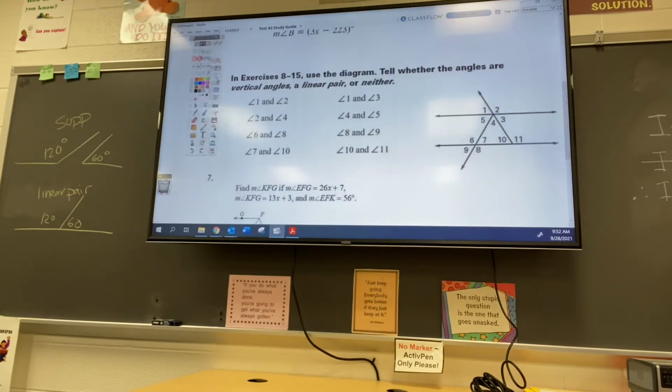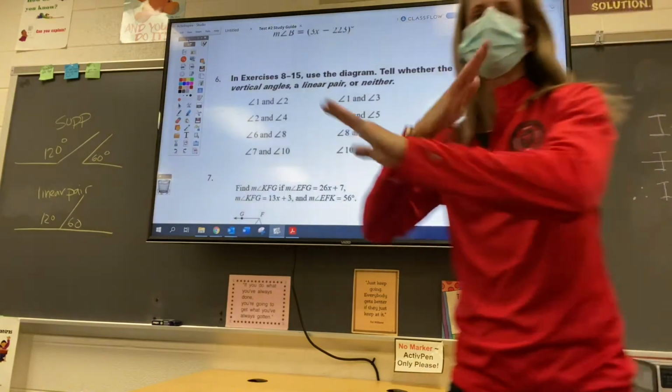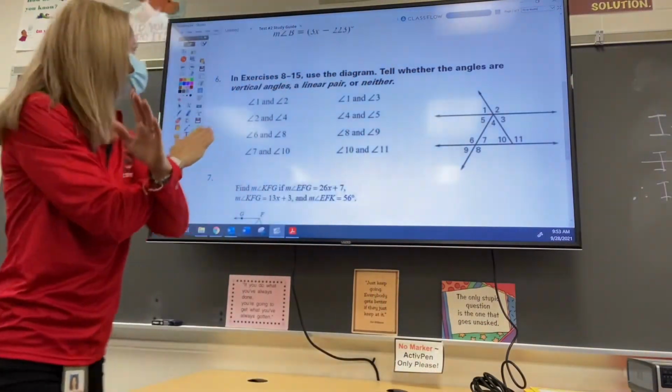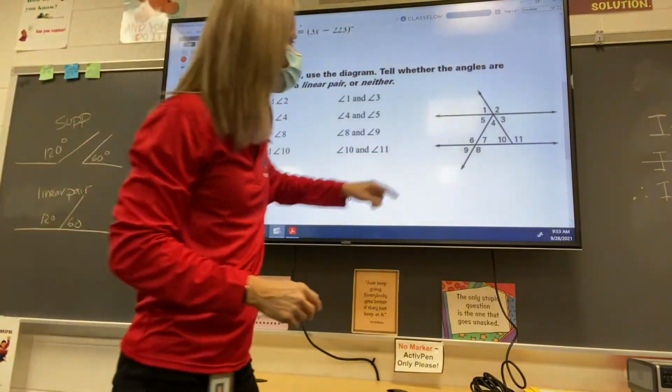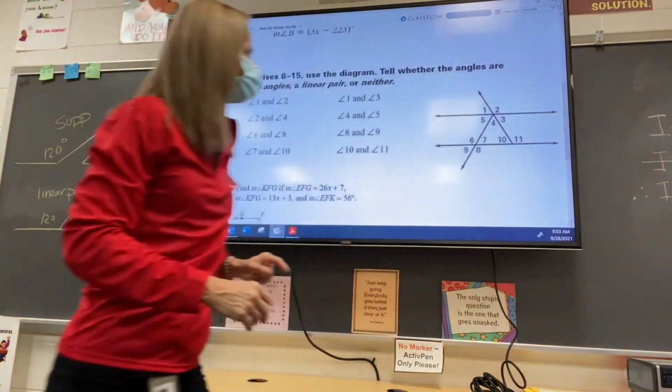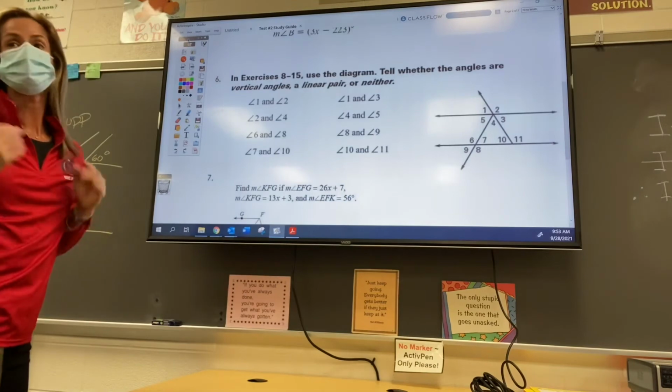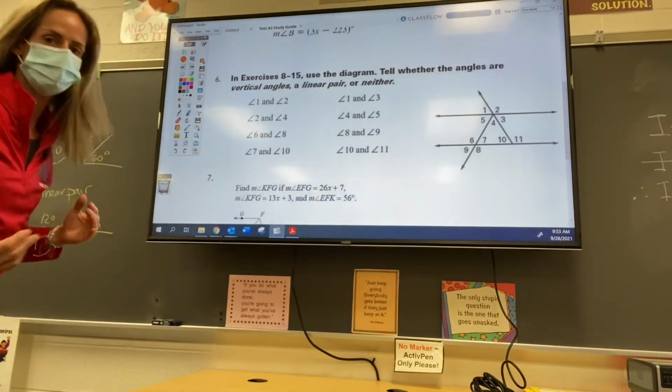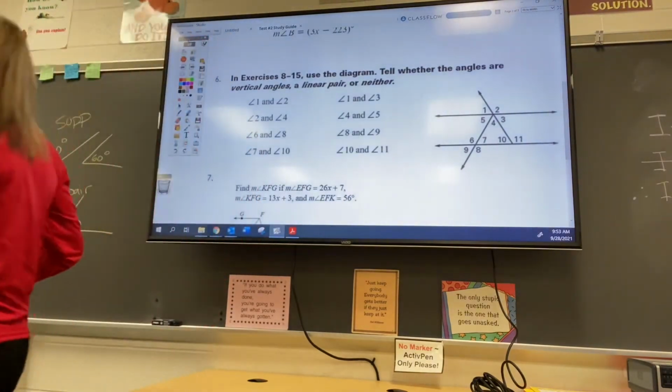So this is just identifying vertical angles, linear pair, or neither. Vertical angles are formed by lines that intersect. So 7 and 9, that's one pair. A linear pair, in fact I have it on the board here. Is that in my video? Yes, okay.